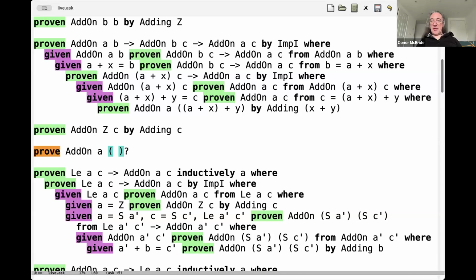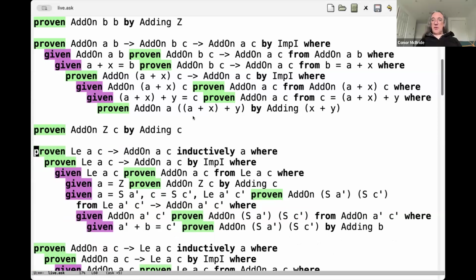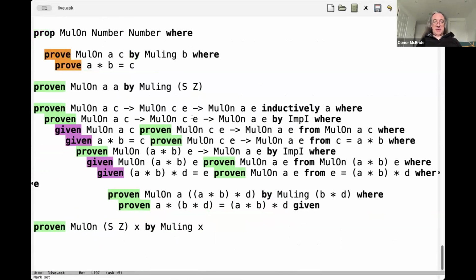And that's not going to happen. Bigger in the sense of getting bigger by adding, right? So reachable by adding is our ordinary notion of less than or equal to. But Mull-on isn't our normal notion of less than or equal to.